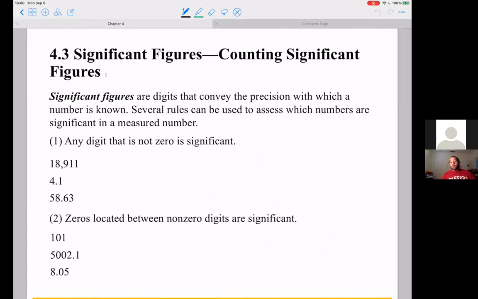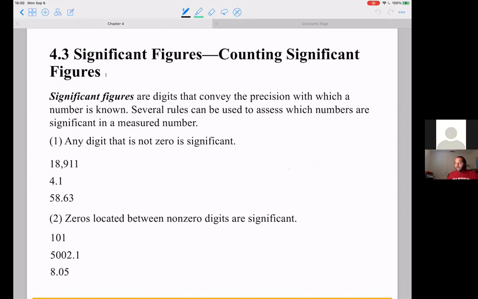Okay, the first step that we're going to need to do when we're talking about significant figures is the ability to count significant figures given a particular number. So there are certain rules that we're going to apply for counting sig figs. That's going to be the big takeaway of this lecture. Do you know how to count sig figs?